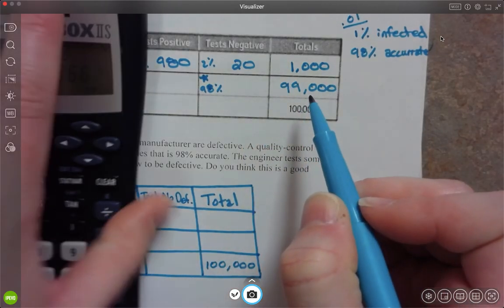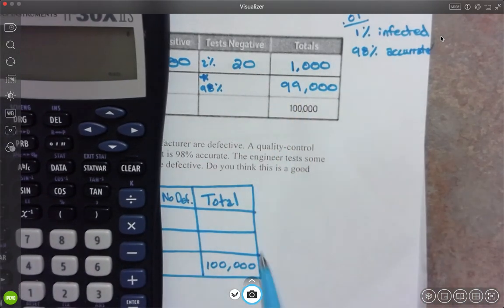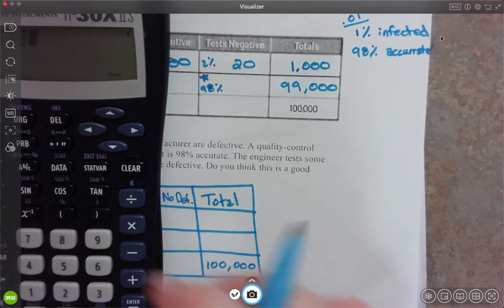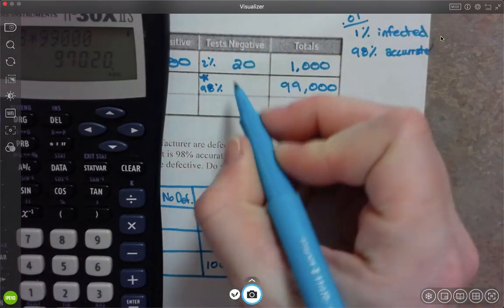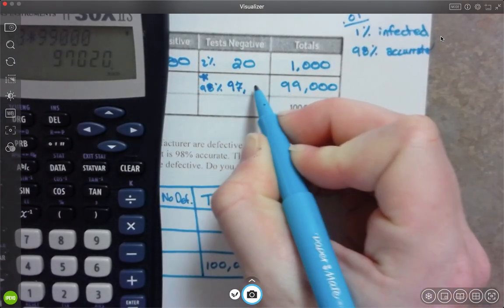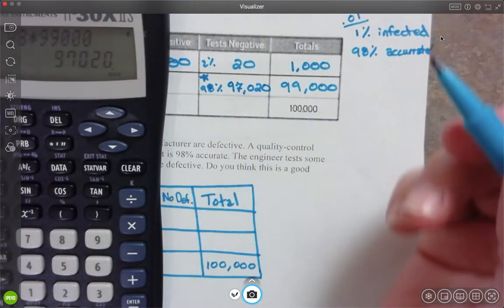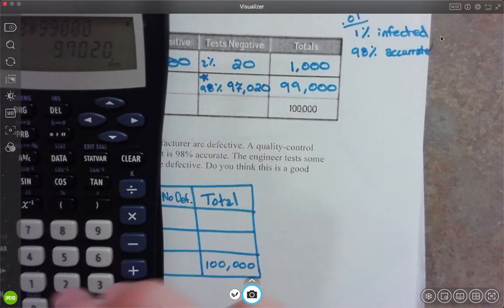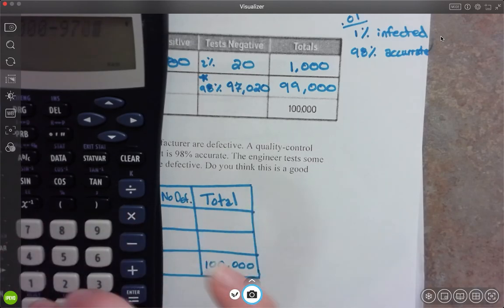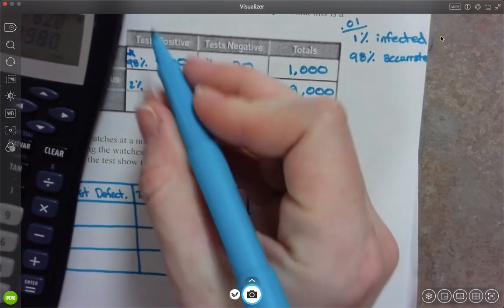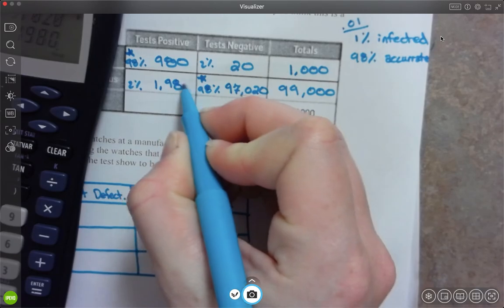This one, I can't do that in my head. 98% of 99,000, 0.98 times 99,000. This is 97,020, okay? All right, so if I subtract that from 99,000, I get 1,980, okay?